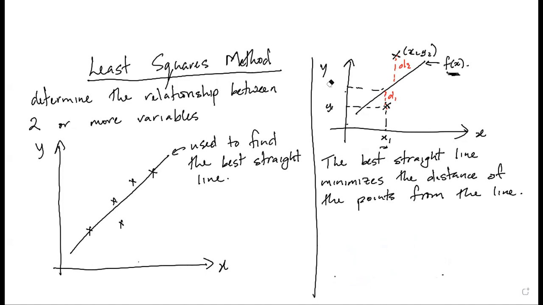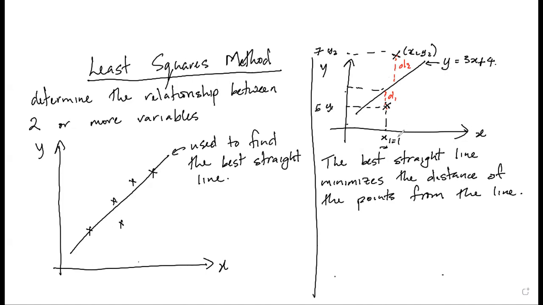Okay, let me use a different example. Let us say that this line is y equals 3x plus 4. And let's say y1 is 5 and y2 is 7.